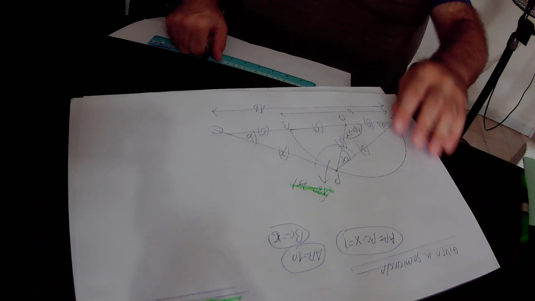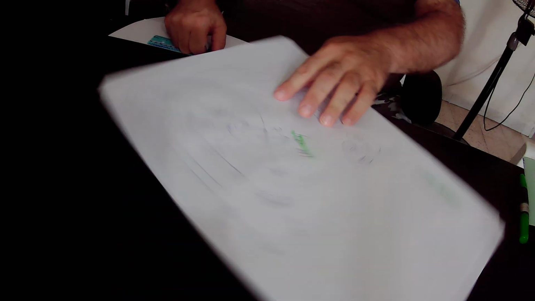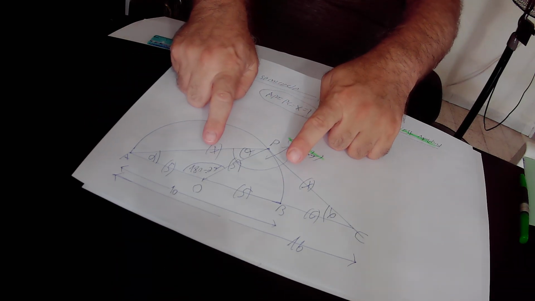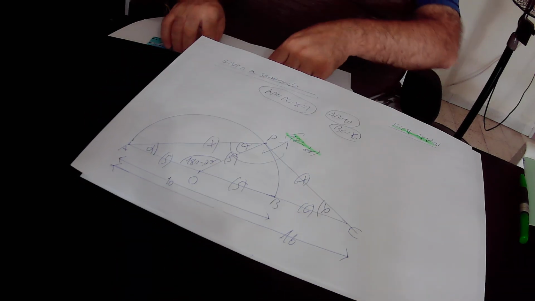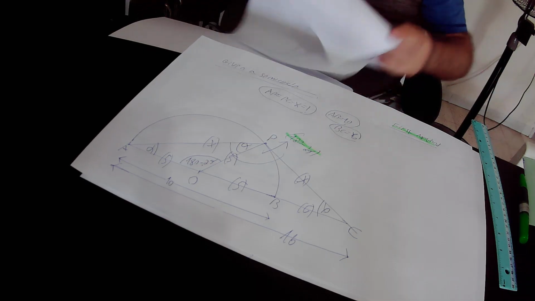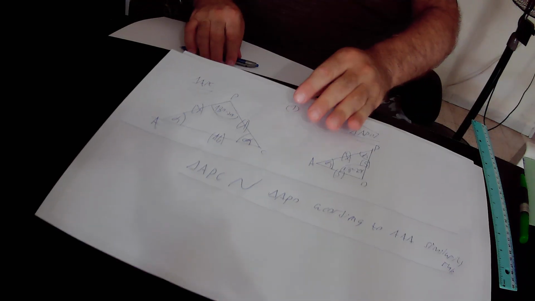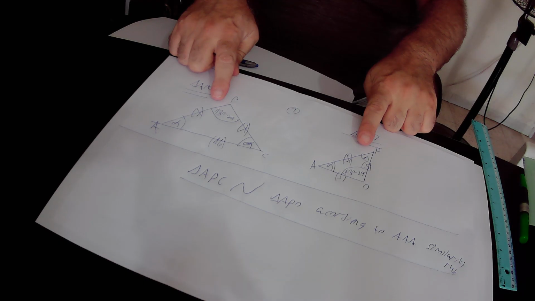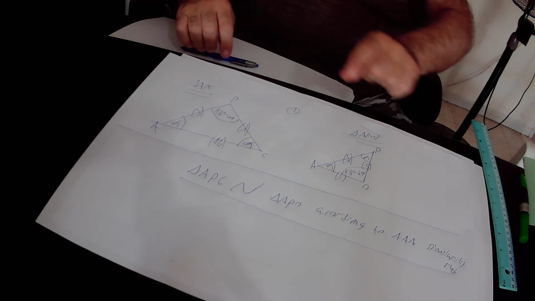And from the fact that those two associated triangles are similar to each other, we derive that the following relationship exists between their sides.